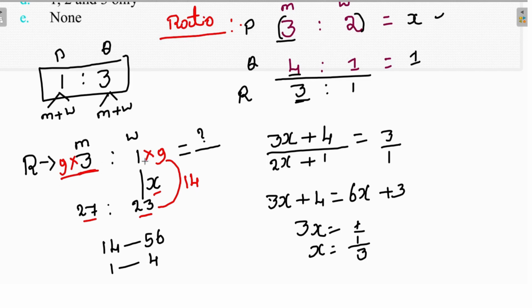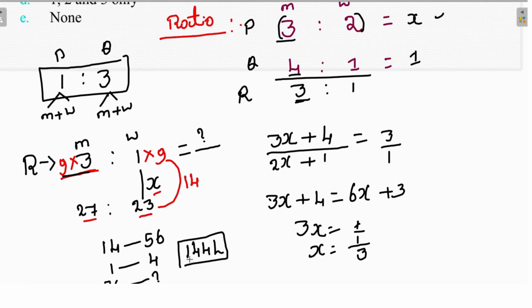That will be 27 plus 9, 36 parts, because 9 3s are 27. 36 parts is equal to how much? 4 into 36, 144 liter of mixture is there in vessel R.